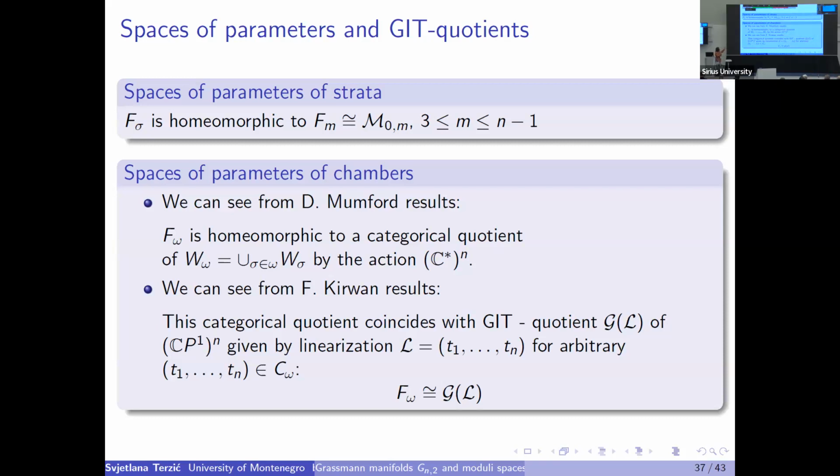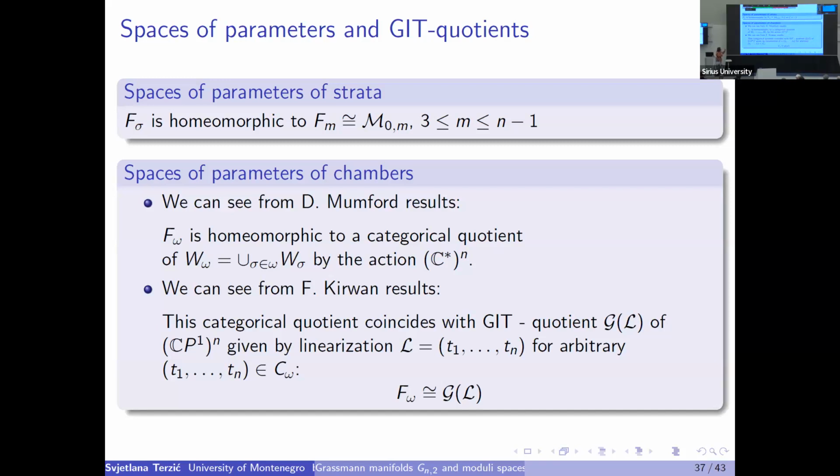Then we consider a chamber C omega, and the union of all strata F sigma, which are indexed by W sigma, indexed by omega. The space of parameters F omega of the chamber C omega, which we introduced, is actually homeomorphic to the categorical quotient of the action of C star n on this space.